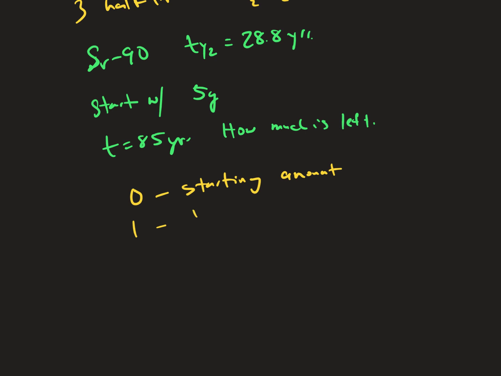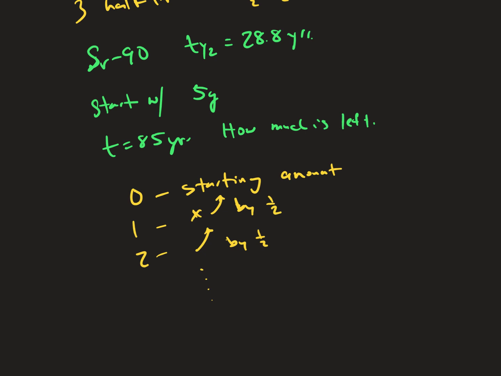So in other words, we times this by 1/2, or divide by 2. You following? And then after 2 half-lives, we times whatever we get here by 1/2, and so on. You follow?